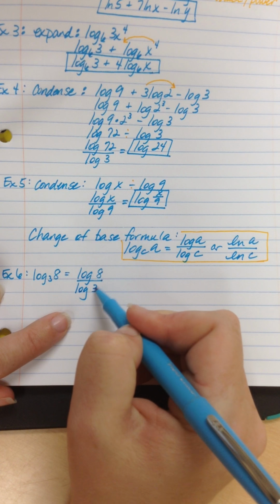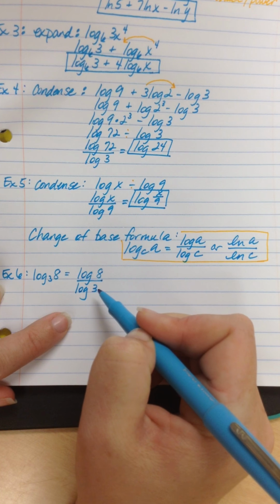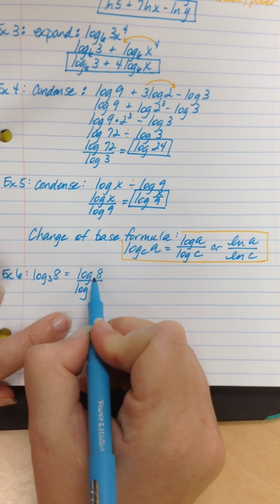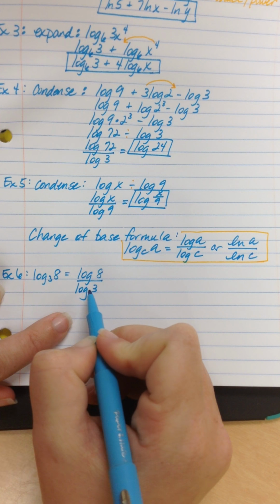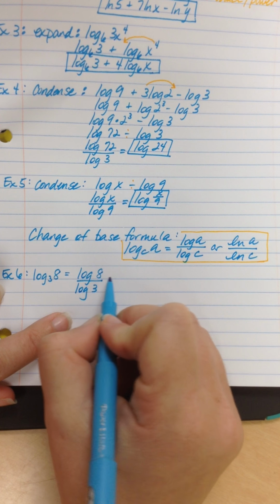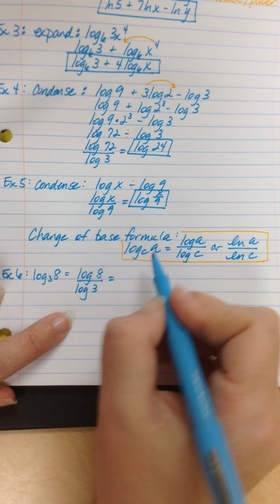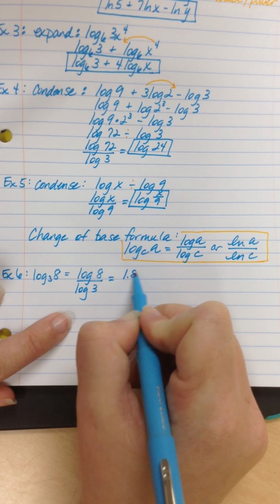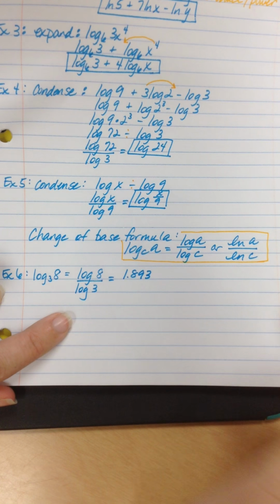Remember that your calculator can do log of 8 and log of 3 because they both have a base of 10. So as long as the bases are the same and they are 10, your calculator is able to calculate that for you. Plugging this in, you get 1.893.